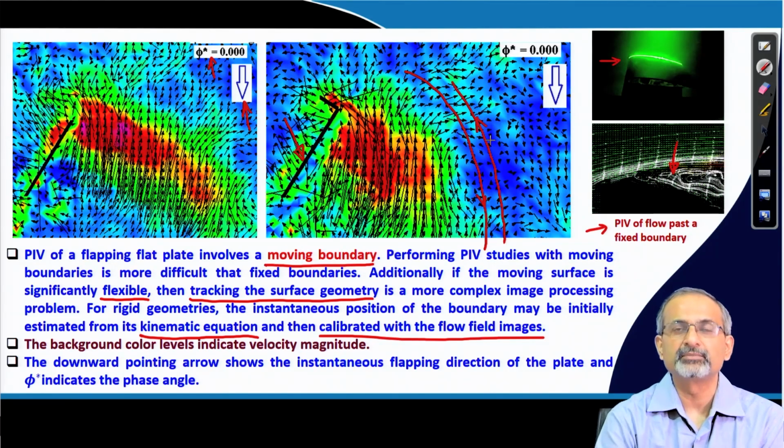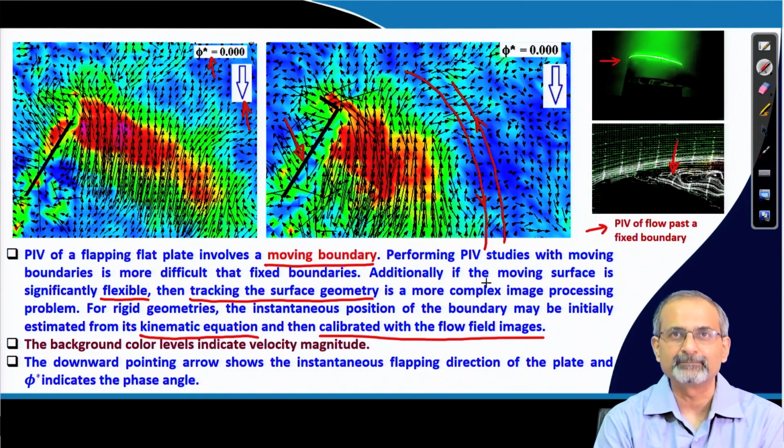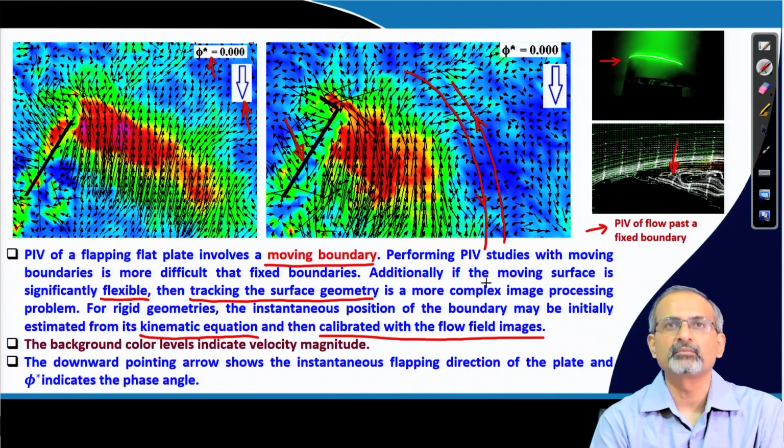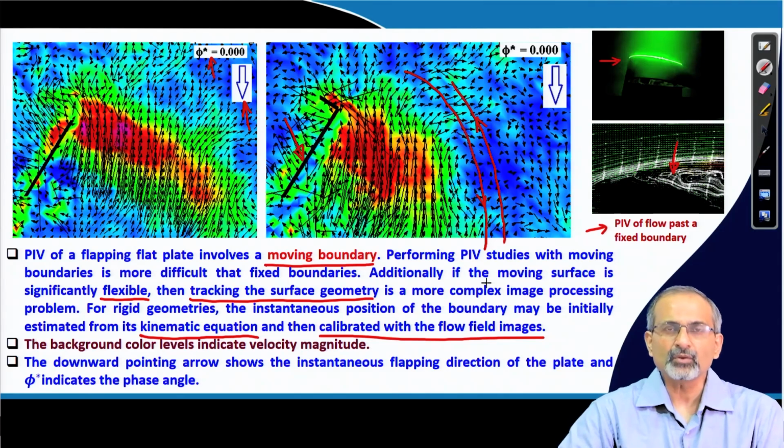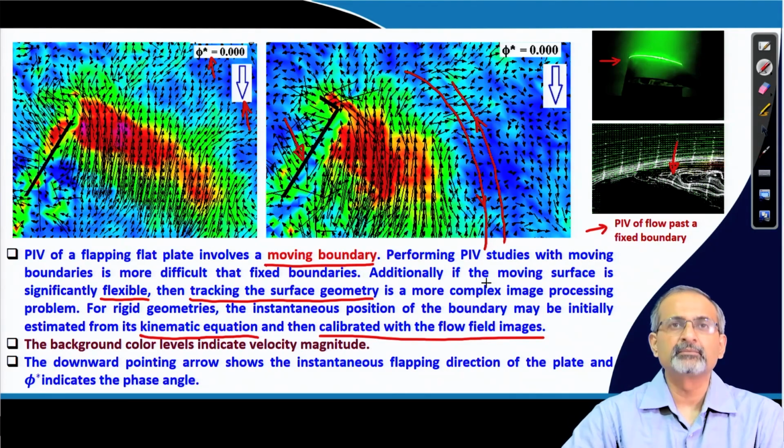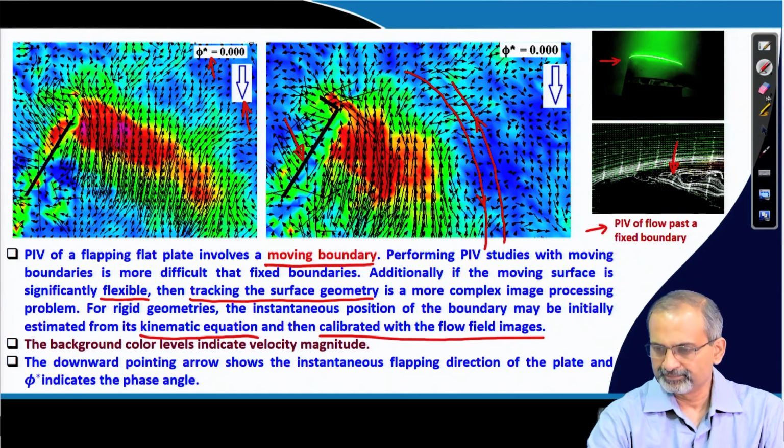In this way it will keep reciprocating. So, you need to indicate what is its angular orientation and in which phase of the oscillation it is in. Therefore, you can understand that moving boundary problems are far more complicated to tackle, whether it is an analytical method, computational method, or an experimental method.